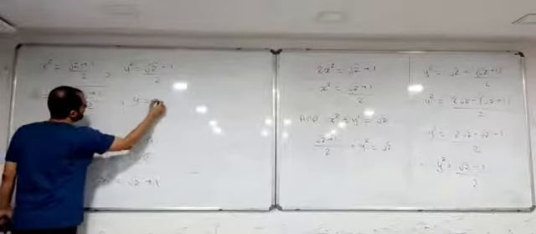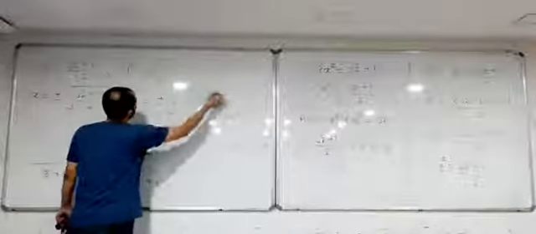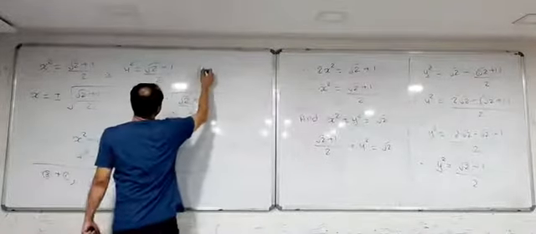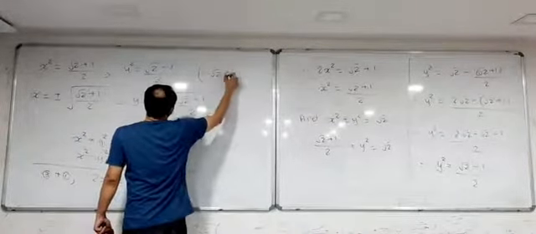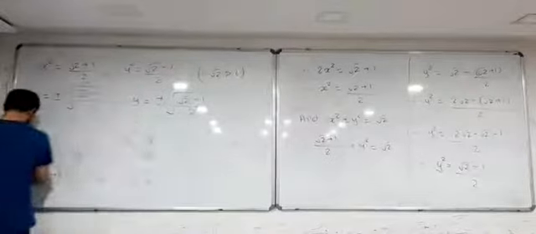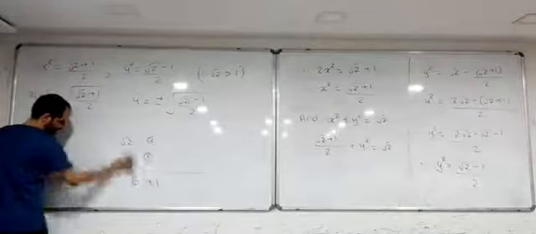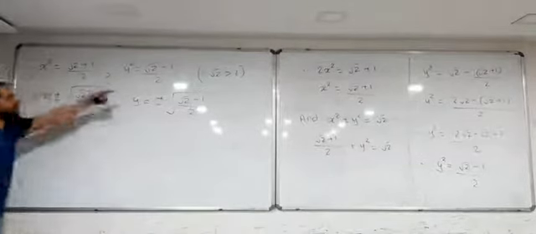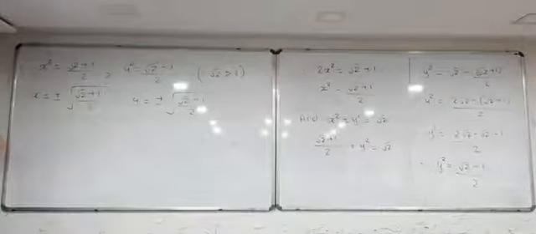Perfect. And y can be plus or minus, any positive or negative square root, of root 2 minus 1 upon 2. And we can write this because root 2 is greater than 1. That is a nice way of writing it. Give the explanation: because root 2 is greater than 1.